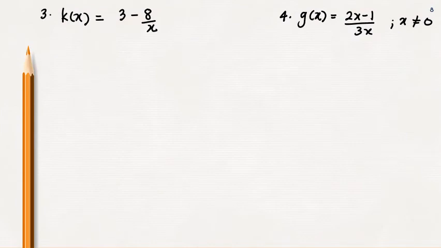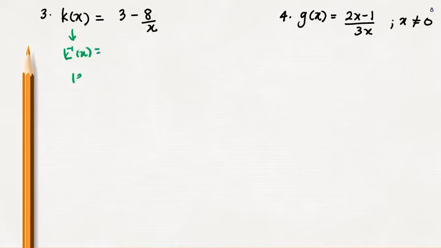Okay, next. Number 3. Okay, kx is equal to 3 minus 8 over x. Okay, teacher nak ingatkan, for every equation yang ada fraction, you kena matikan fraction tu dahulu. Okay, macam mana kita nak buat? Okay, first of all, kita tahu kx ni dia akan jadi k inverse x. Kita nak cari dia.